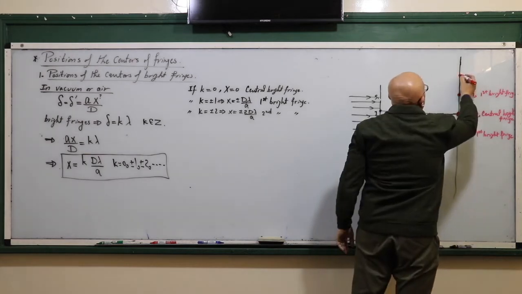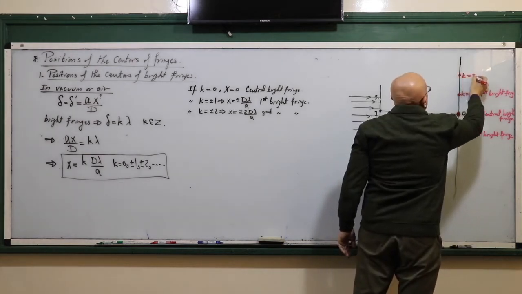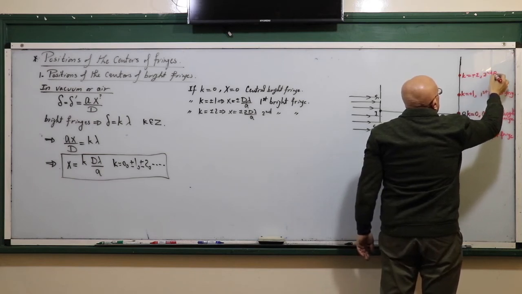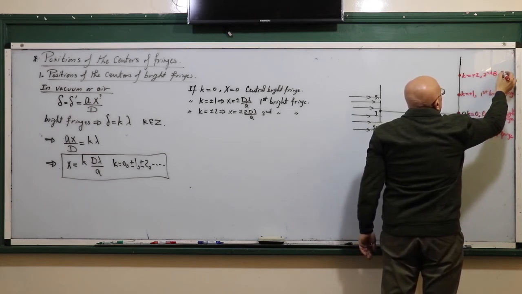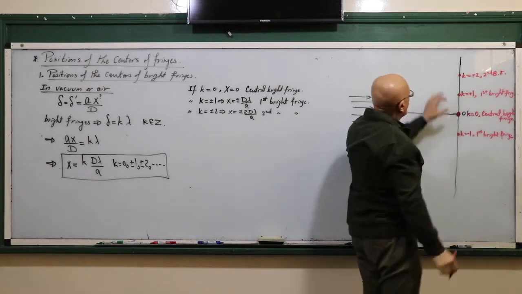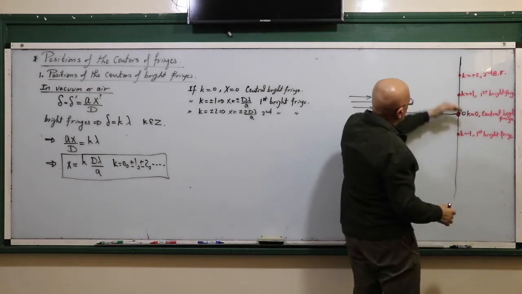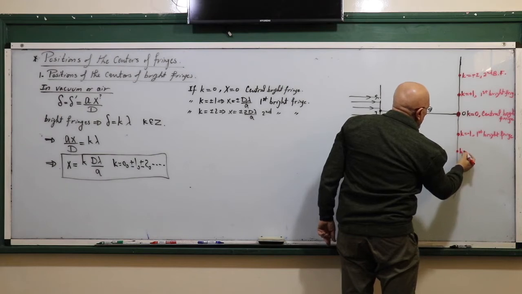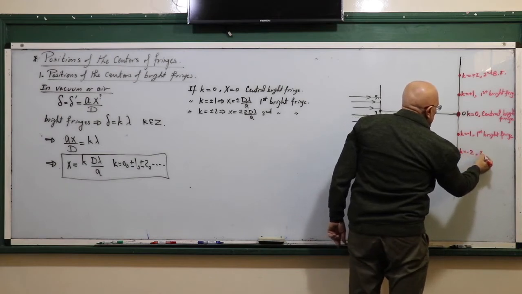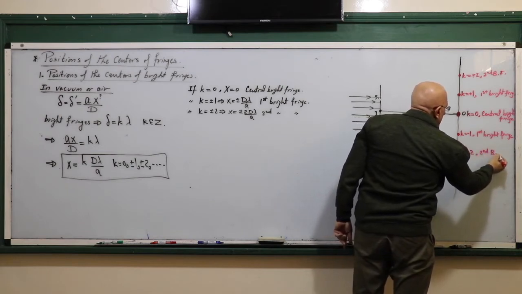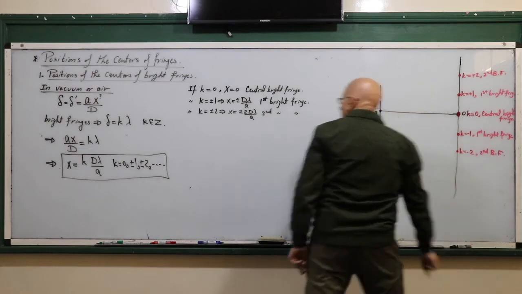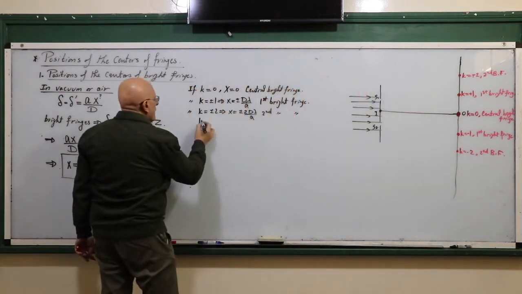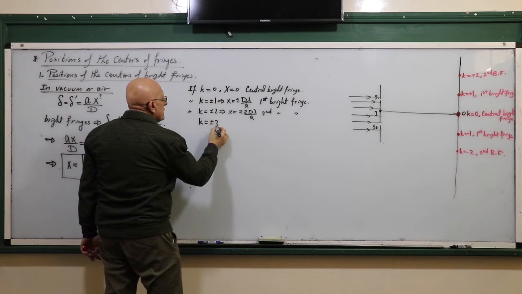This will be k equal plus 2, second bright fringe. Also here symmetry to it. So you get here k equal minus 2, second bright fringe. Let me take one more, k equal plus or minus 3.